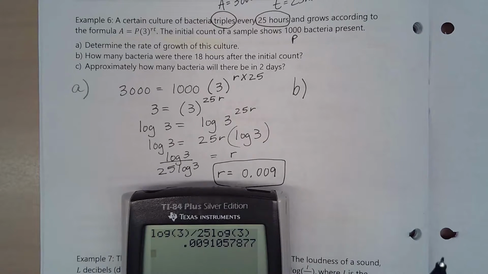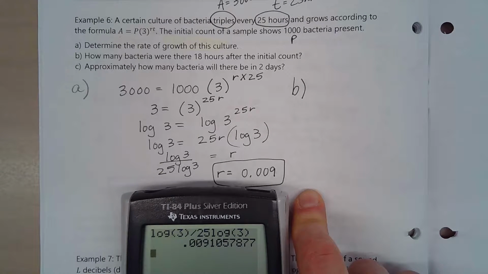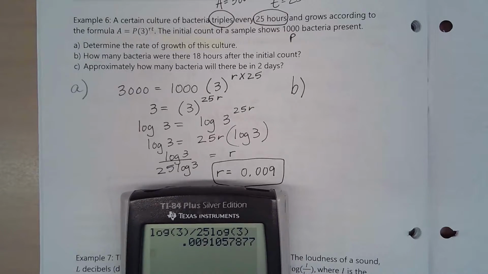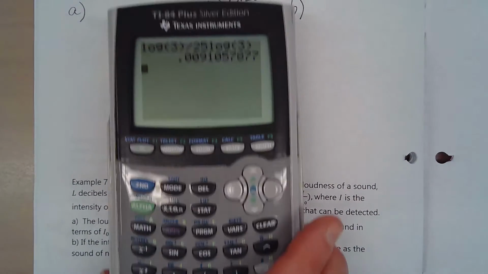So you have 2 choices. This is important, part of logs and exponents. You can either record all these decimal digits on your paper and reprogram them into your calculator, just so that you don't lose any decimal digit numbers, or you can store your equation in your calculator if you know how to store. Now, it should be easy to learn how to store in your calculator.